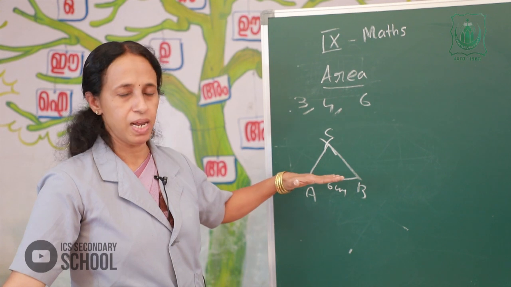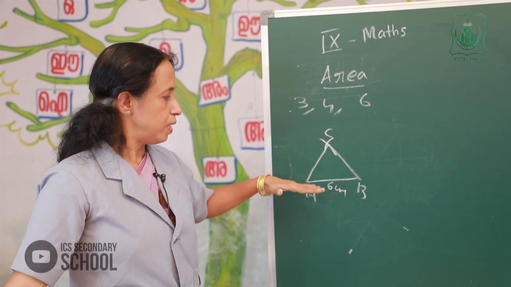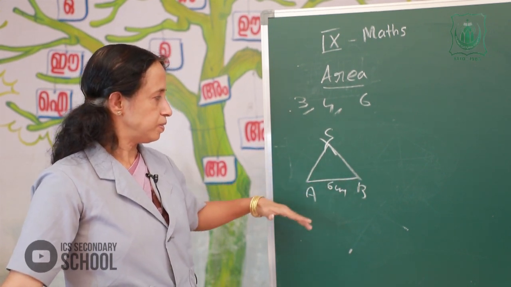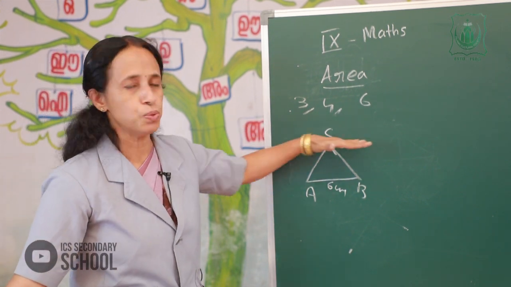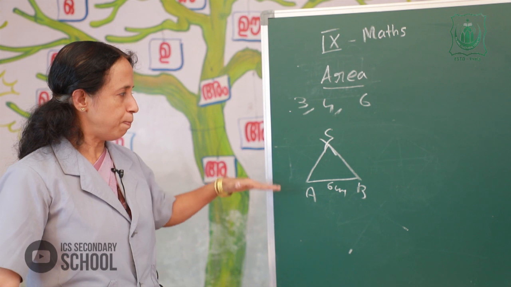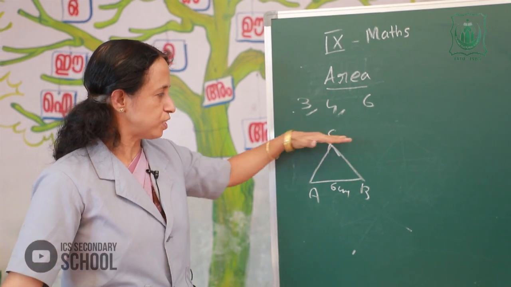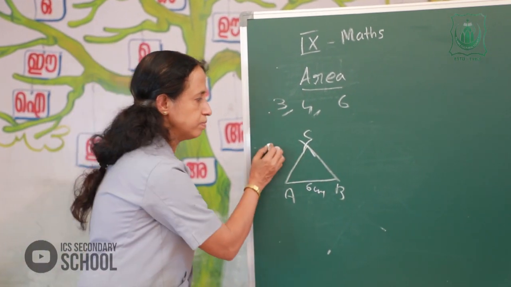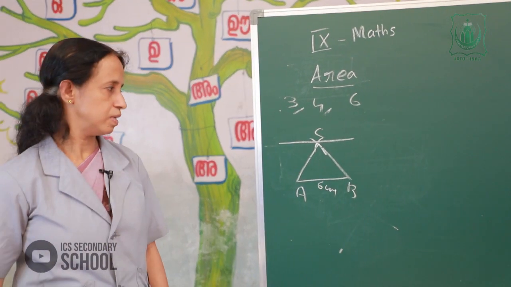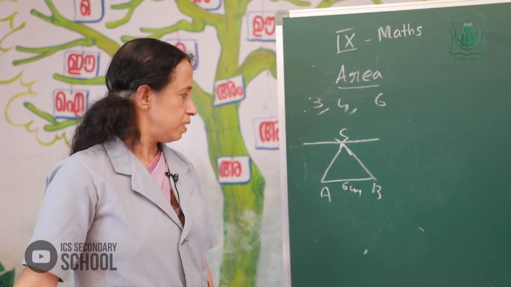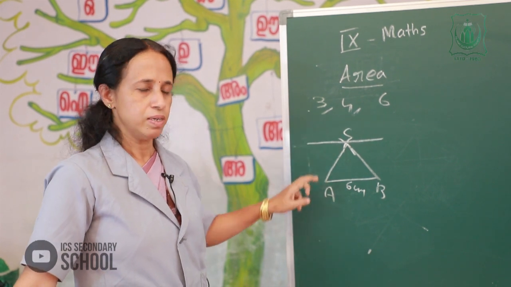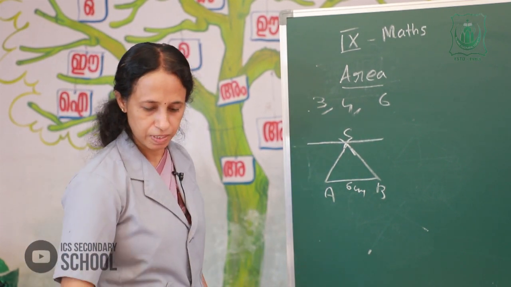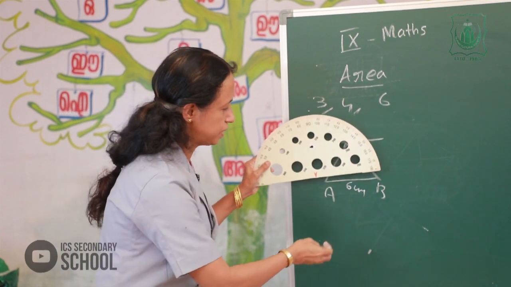Draw a parallel line. This passes through C. Draw a perpendicular from A. Take the protractor and measure 90 degrees.